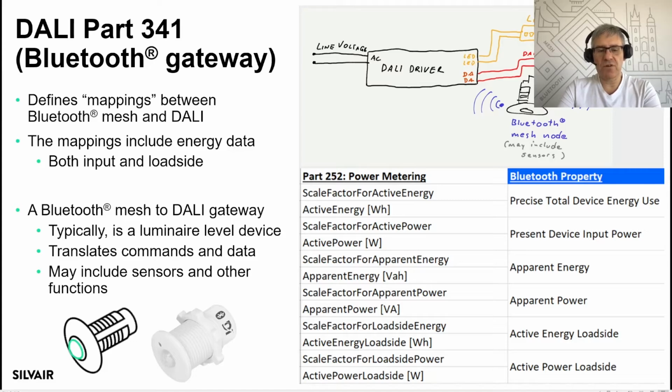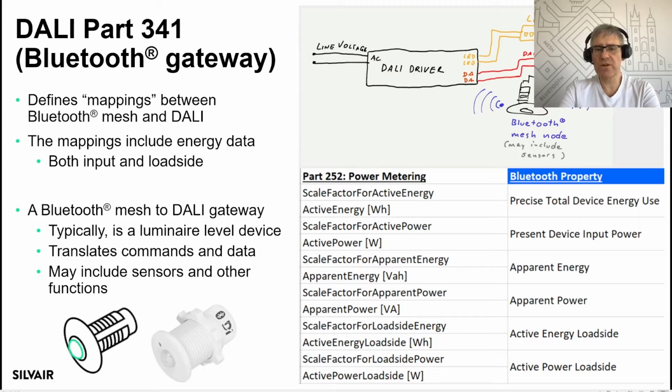So actually all the logic about occupancy, vacancy, daylight harvesting, dimming, manual overrides, it all happens inside that device, and then it commands the driver over the DALI bus what to do, and on the other hand it retrieves data from the driver over the DALI bus and then rebroadcasts it over the Bluetooth mesh network.